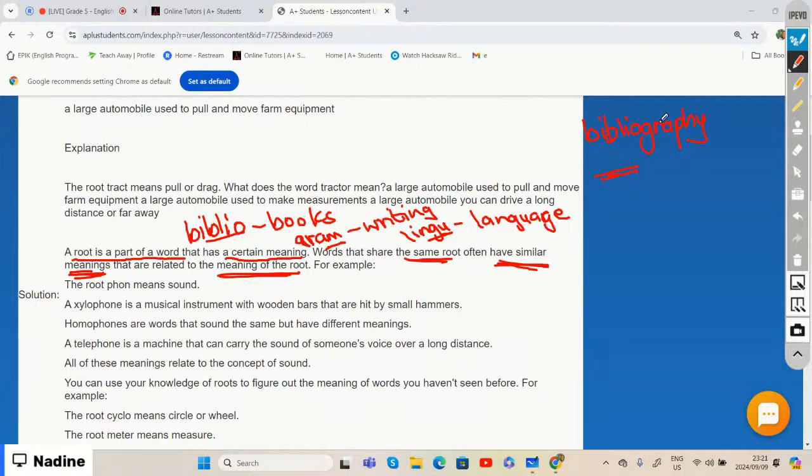So, like with bibliography, if we find another word with biblio in front of it, then both of those words are going to have similar meanings that have to do with books.